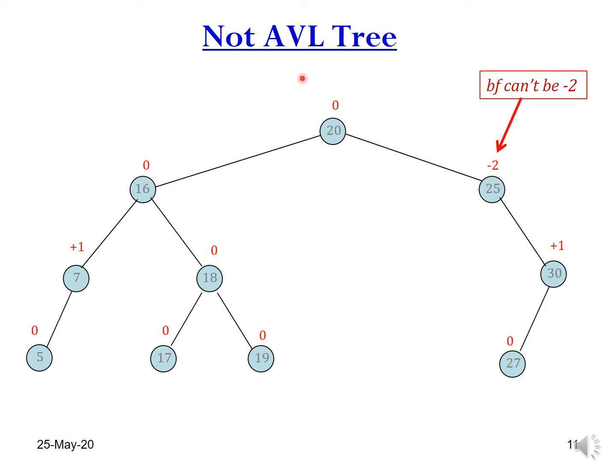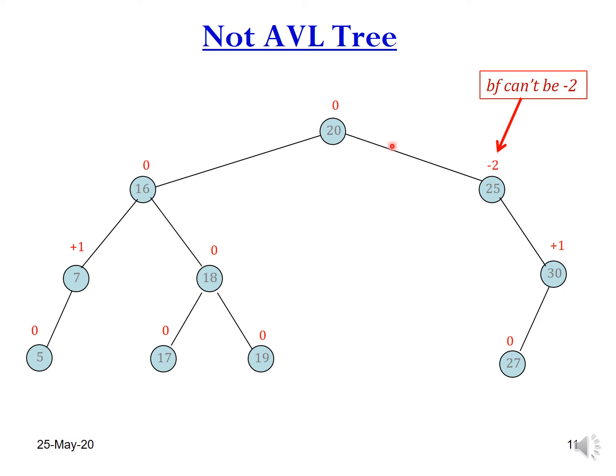This is not an AVL tree, because if any of the nodes has a balance factor greater than 1, or lying beyond minus 1 and plus 1, then that is not an AVL tree.